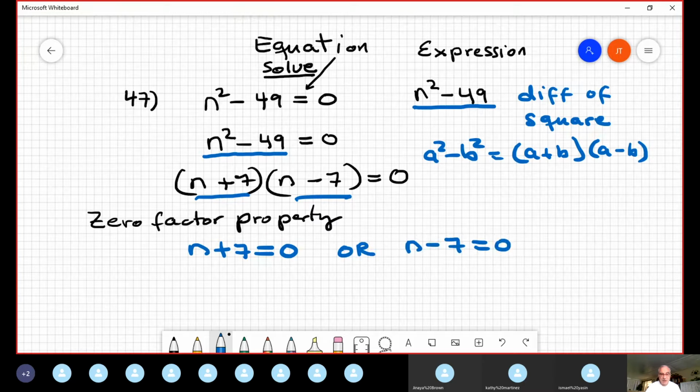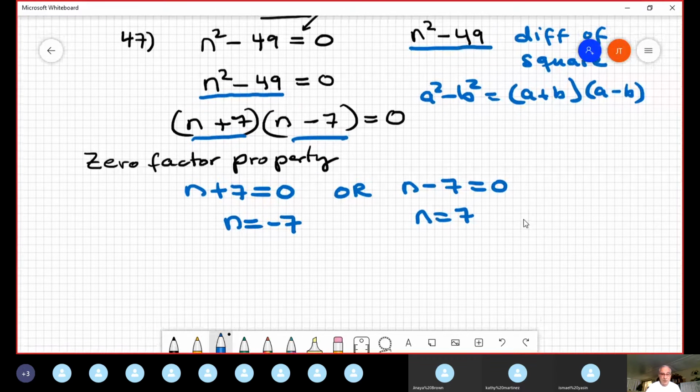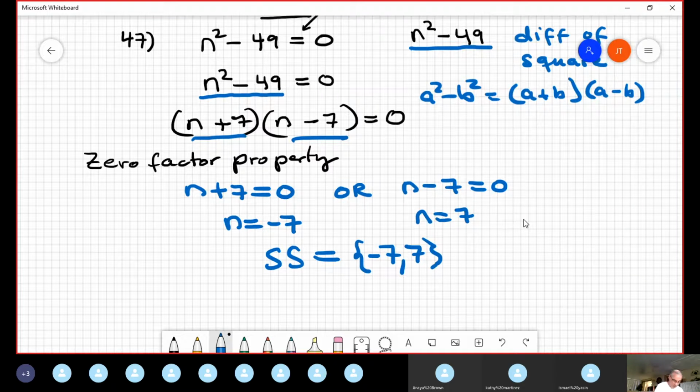Okay? You solve in this linear equation, super easy, -7, +7. Okay, now we finish. The solution set for this equation is -7 and +7. End the story. You understand very well this?